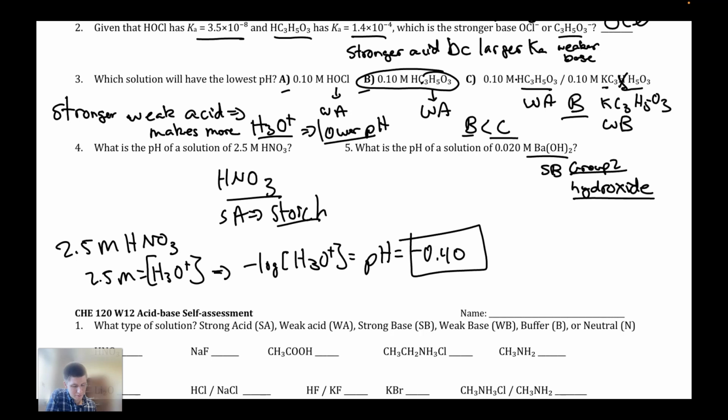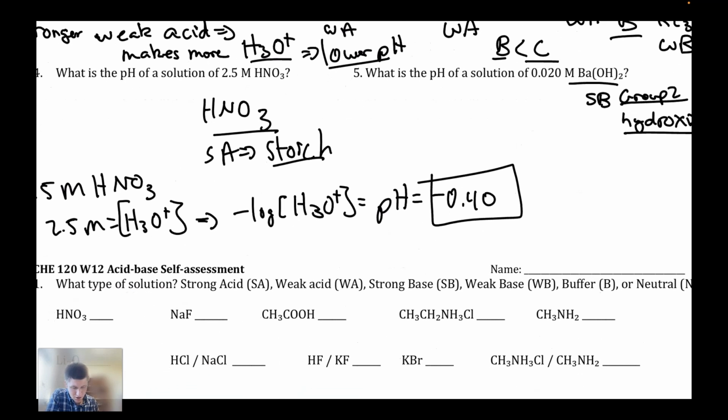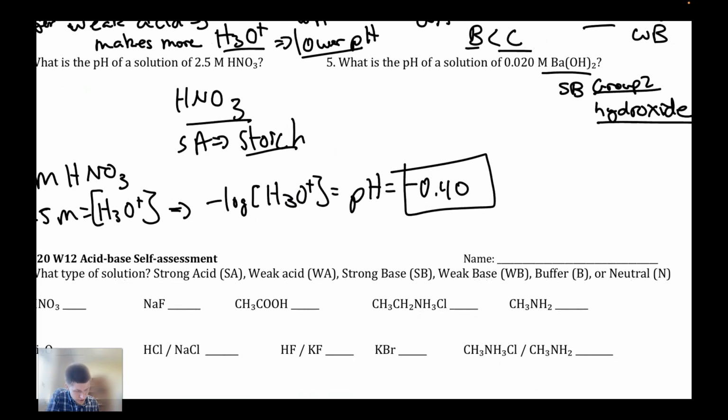So we can use stoichiometry, but in this case, we do just need to be aware that OH is hydroxide, but there's 2 of those ions there, so that when we put this into solution, 0.02 molar Ba(OH)2 will give us an OH- of 2 times 0.02 equals 0.040 molar, because when this goes into solution, it makes a Ba2+ and 2 OH- ions.